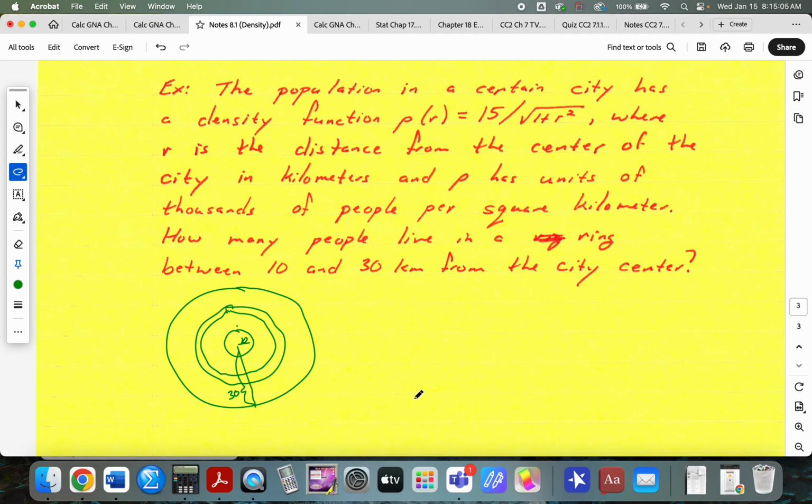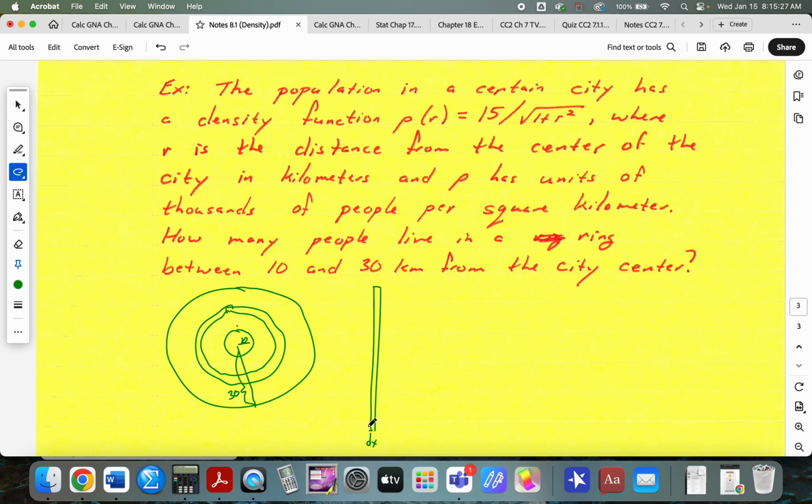Online school. No. So for this ring, you're like, well, how much area is inside of that ring? Well, think about straightening it out for just a second. If you straightened out this ring, this is going to be your dx, right?